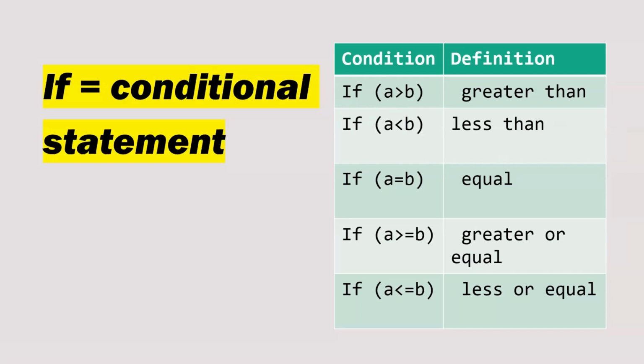If A is less than C. If we write greater than or equal to, A may be greater than or equal to B. Then another case: less than or equal to. We have the same condition: A could be less than or equal to B.